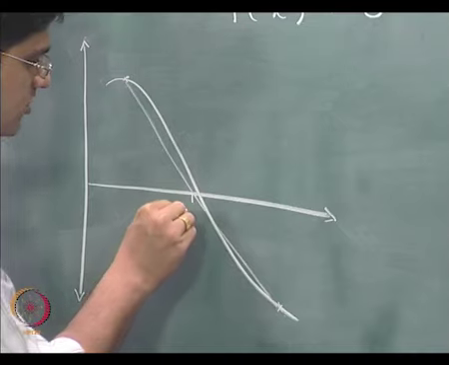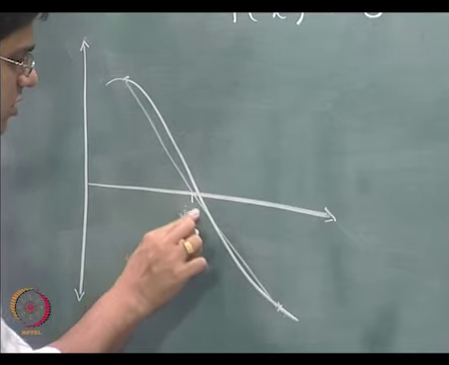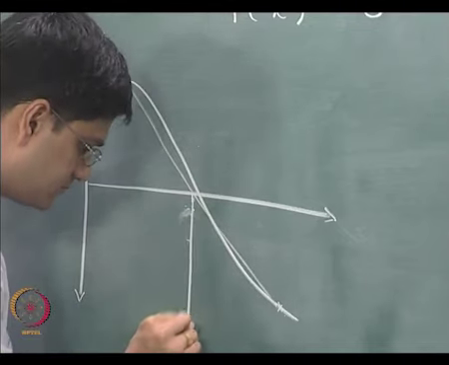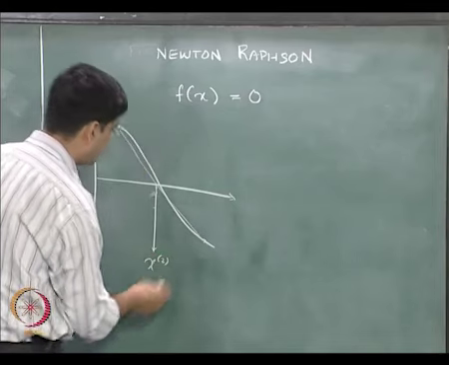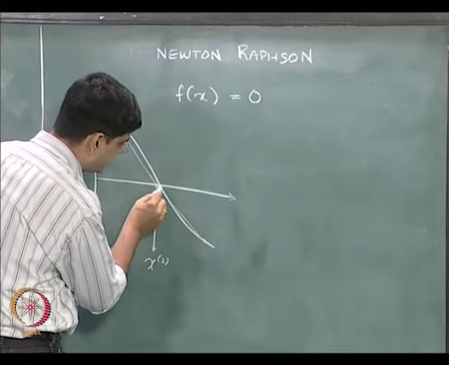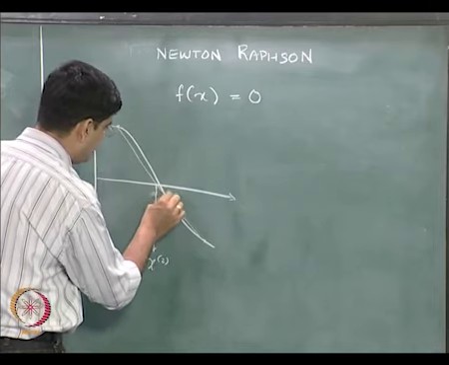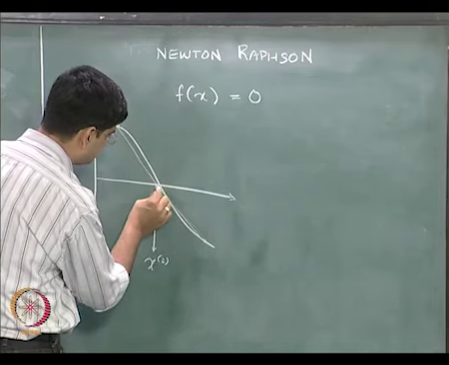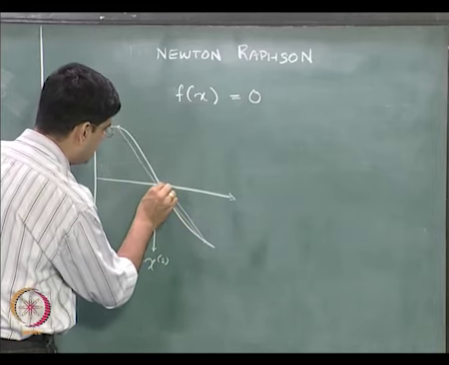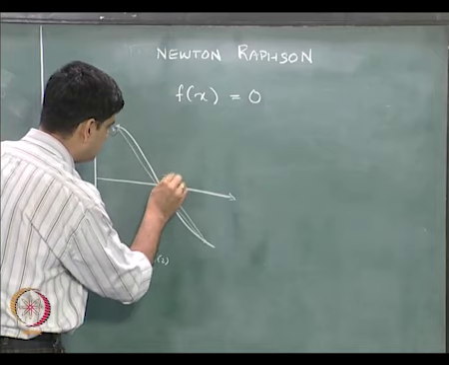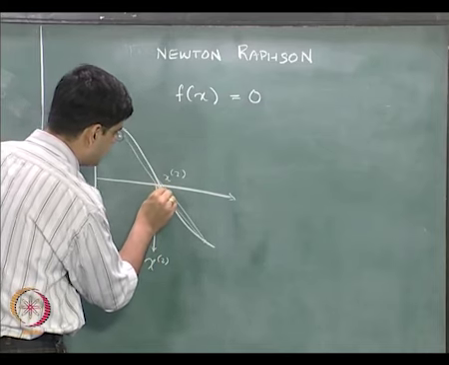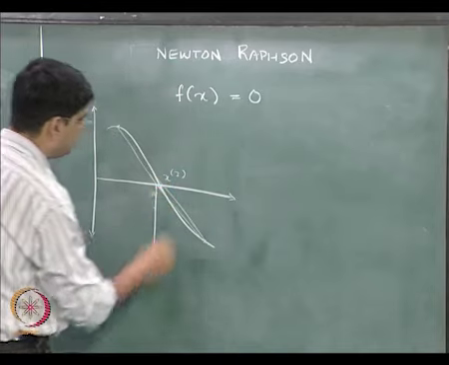So this was our x2. Then x2 and x1 we connected with a straight line, and this became our x3. Then x3 and x2 we connected with a straight line, and this became our x4.